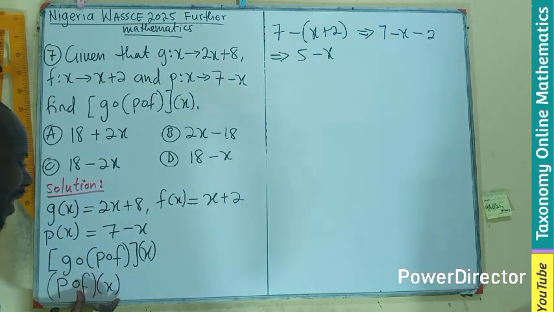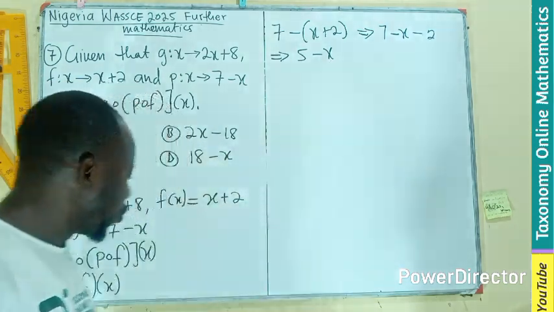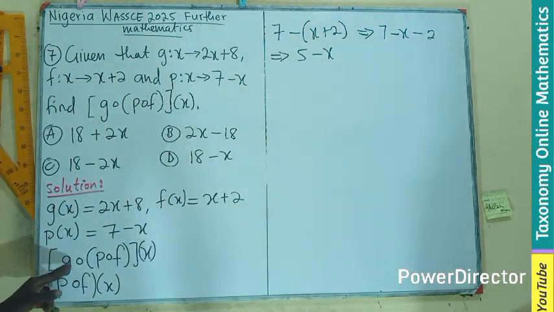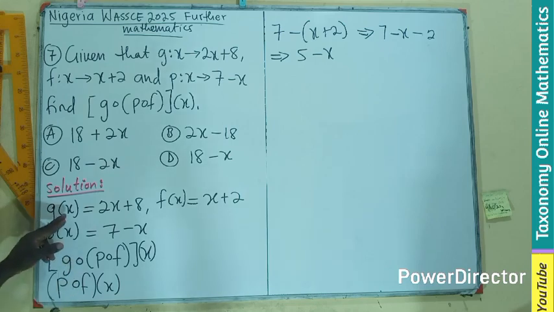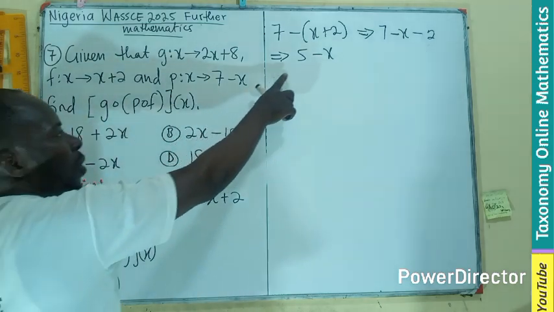Now p of f is in a single term, as our new input to be inputted into g of x. So g of x is pregnant with x, having its value here. The x will be changed with the p of f.